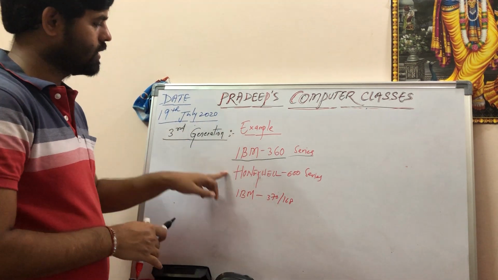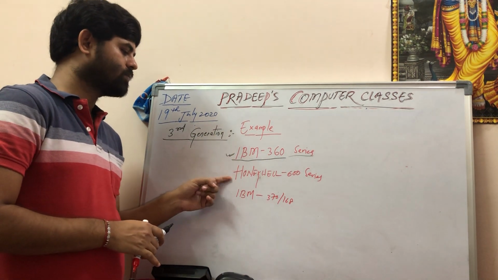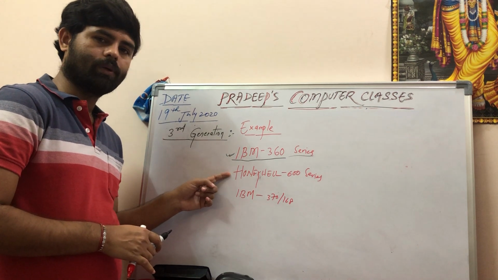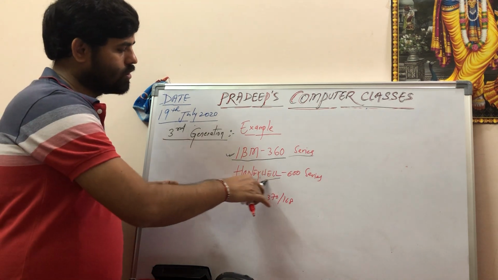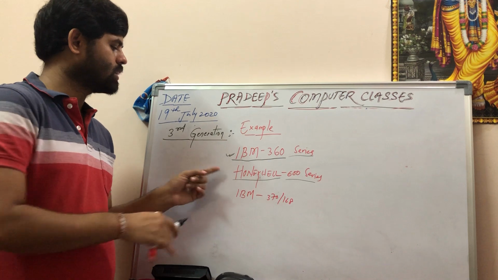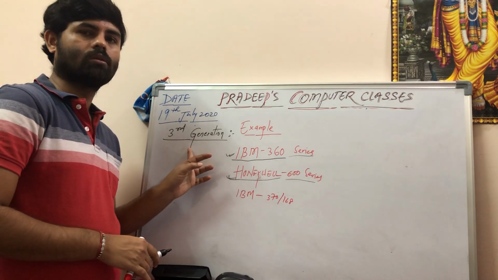So similarly Honeywell. Till now we have been seeing only IBM, but now another company came, Honeywell. This company also has some 600 series in the third generation of computer. That means they also started making computers during the third generation. Fine.